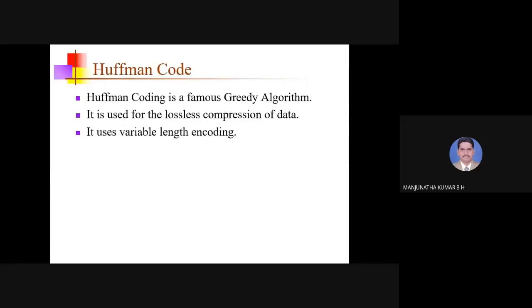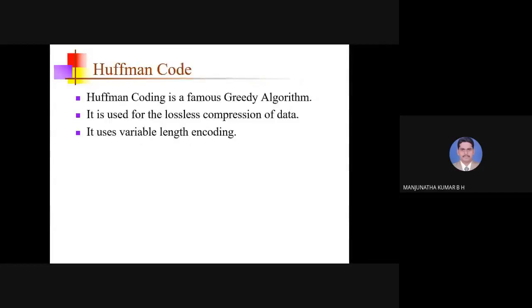First, Huffman coding uses a variable length encoding method. Let me explain what this variable length encoding is. The compression of data is done by replacing each character of the original data by some code.